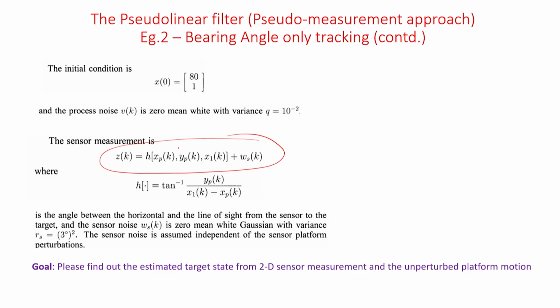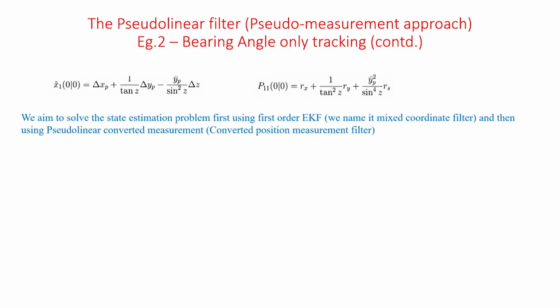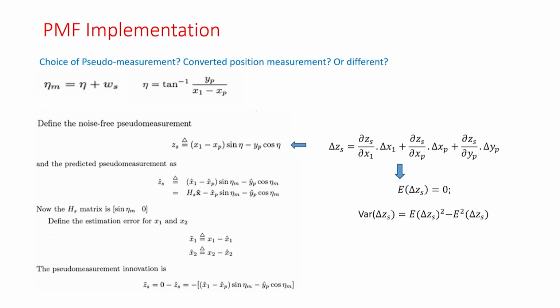In the pseudo measurement approach, we won't talk about EKF again. We just constructed a pseudo measurement. How did we construct it? This is your actual measurement, the line of sight angle or azimuthal angle measurement. Tan of eta is equal to yp divided by x1 minus xp, that is sin eta by cos eta, and we derive a noise free pseudo measurement as zs equal to x1 minus xp into sin eta minus yp cos eta.